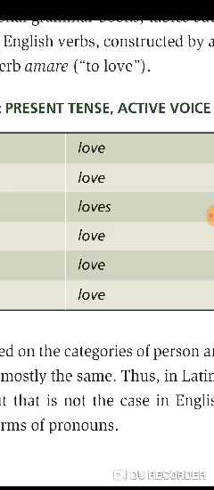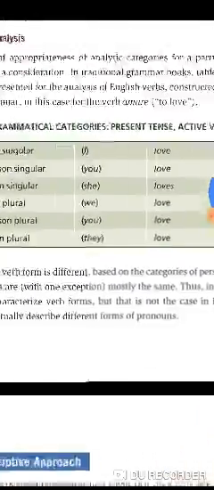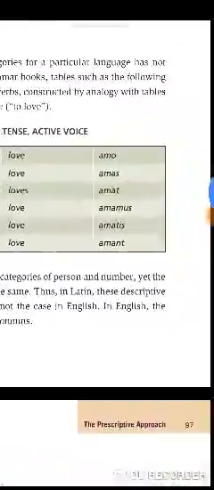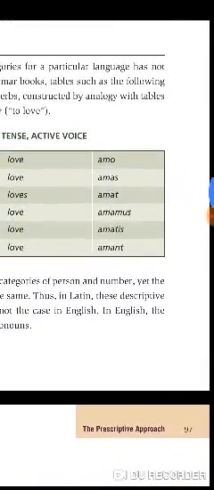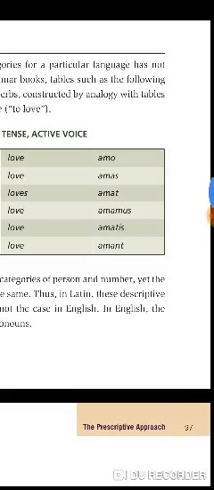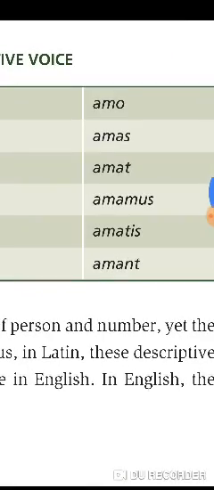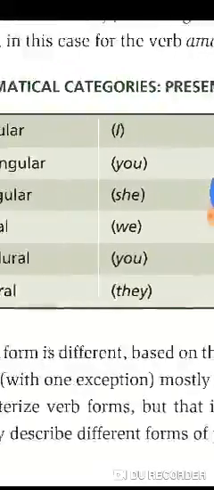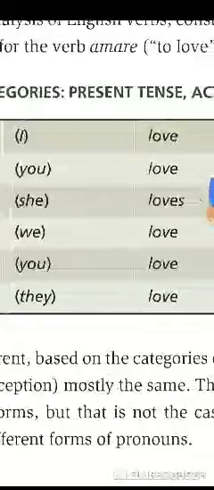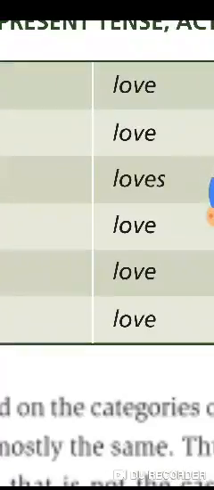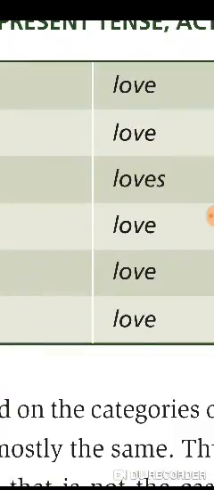So while the grammar of a language like Arabic, like Farsi, and like Latin needs this kind of grammatical explanation, a language like English does not need these kinds of explanations. We simply say that with the third person singular, we add s or es.